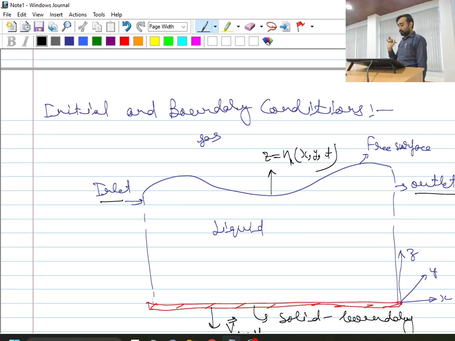Okay, so one important condition which will be existing at this free surface: if any upward velocity is there within the liquid at the free surface, what I will be finding is that the gas immediately above this will also move with the same vertical upward velocity. Is this point correct or not?